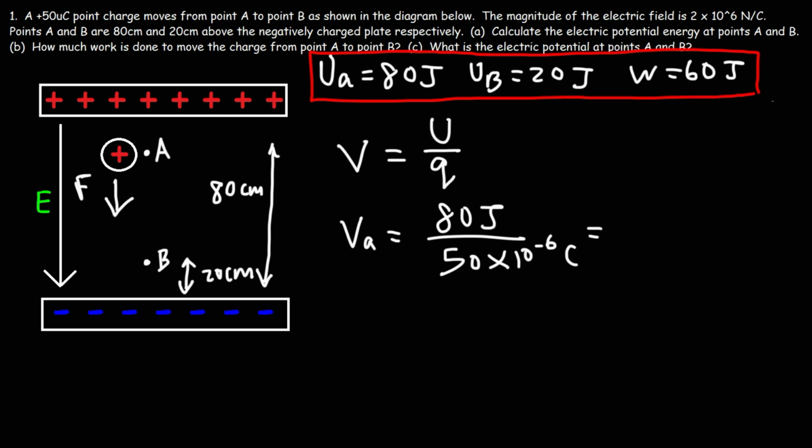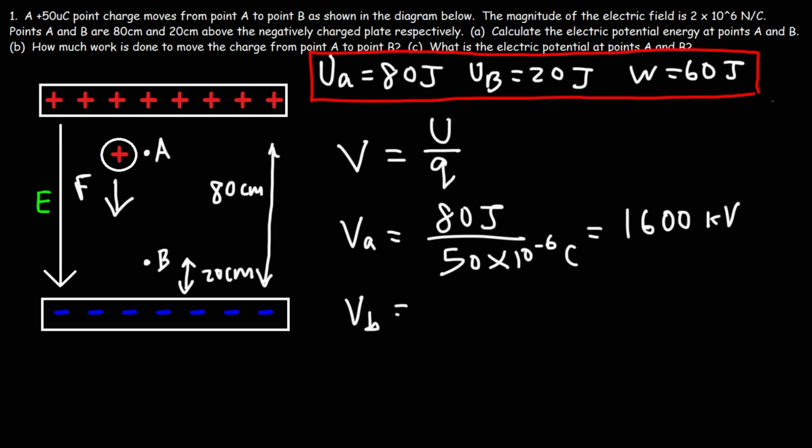It's 1.6 million. So we can say 1.6 times 10 to the 6 volts, or just keep in mind 10 to the 6 is mega, so we could say 1.6 megavolts. You could also say 1600 kilovolts. Maybe that will be a better value to deal with here.